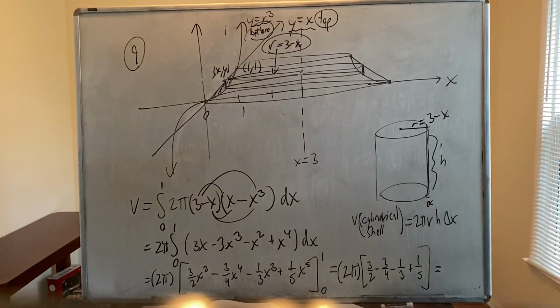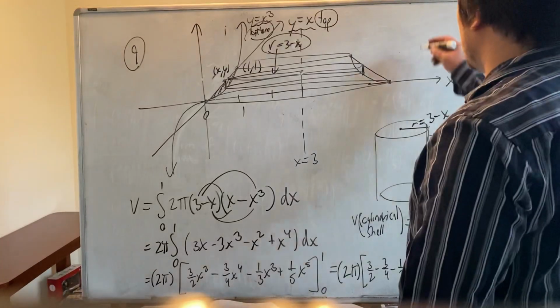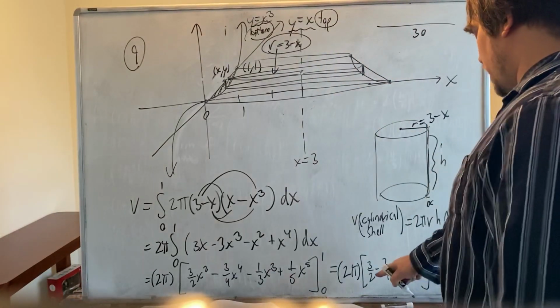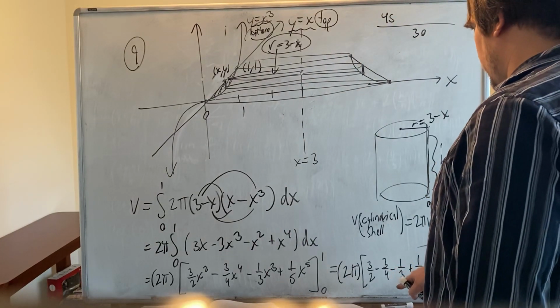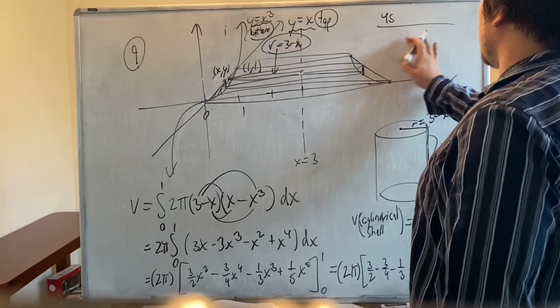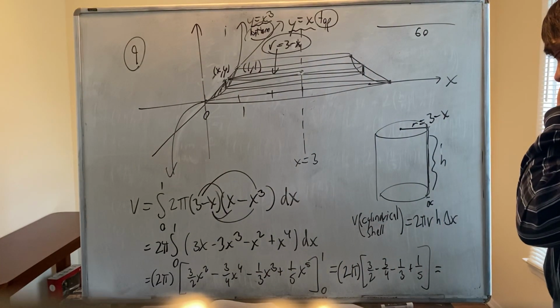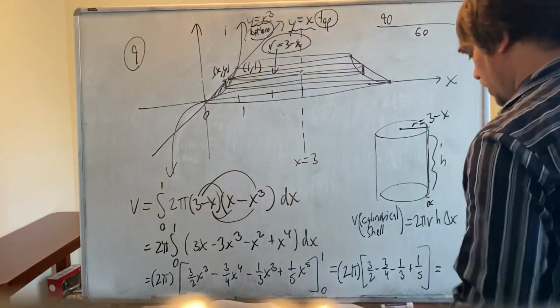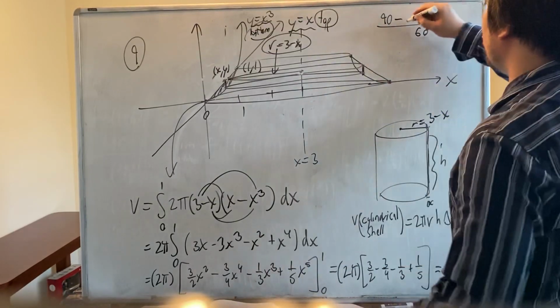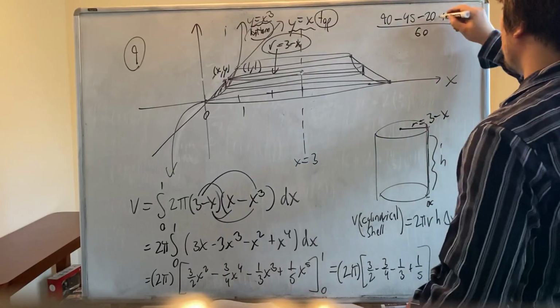And 2 pi times that is... a common denominator for those 4 fractions is, no, sorry, the least common denominator is 60. So 3/2 is 90 in the numerator, minus 45, minus 20, plus 12.